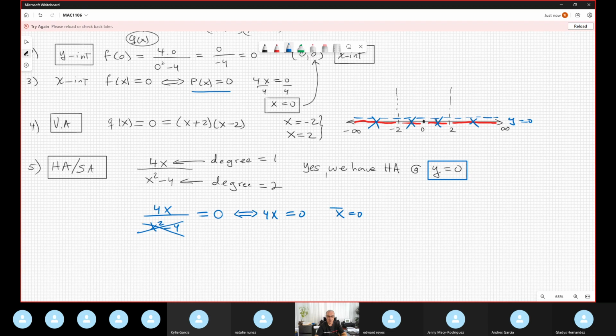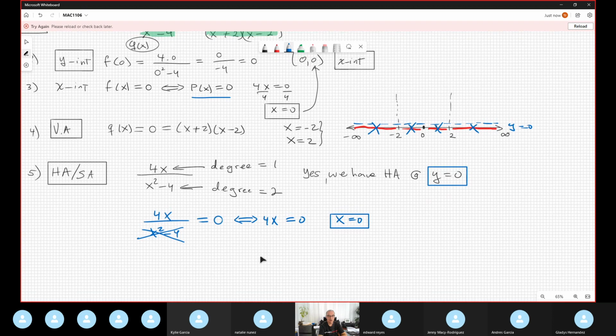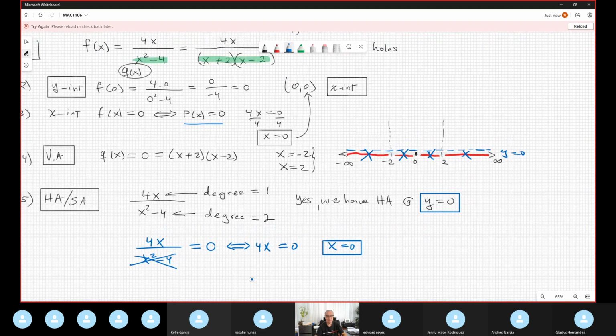So this famous point 0, 0 is x equals 0 and also y equals 0 in this example, not always, and it is the point in which the graphic crosses the horizontal. This is extremely important to determine always: when you have a horizontal asymptote, investigate if it crosses or not.